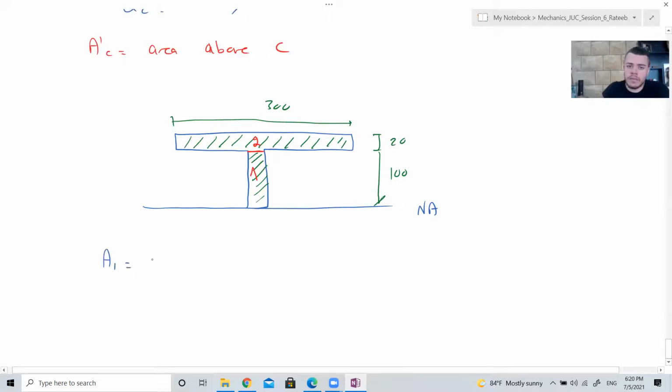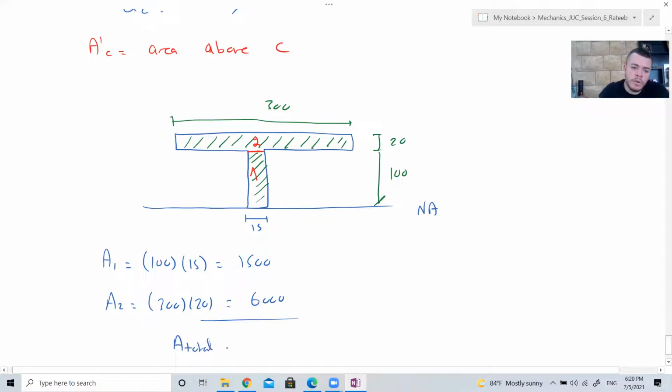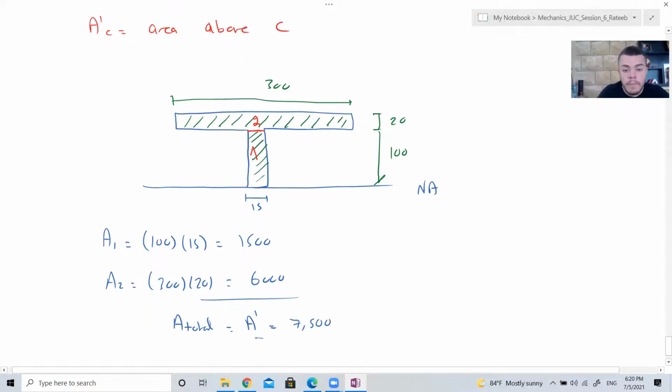So area 1 is equal to 100 multiplied by 15, which is 1500. Area 2 is 300 multiplied by 20, which is 6,000. Then the total area, which is area prime, is 7,500.